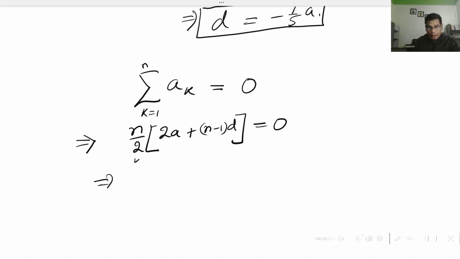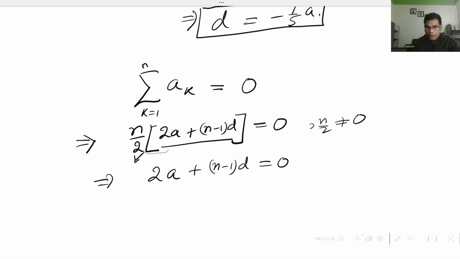Now this is a product, so n by 2 cannot be 0. Therefore this term inside the bracket, that is twice A plus n minus 1 D, should be 0, as n by 2 cannot be 0.